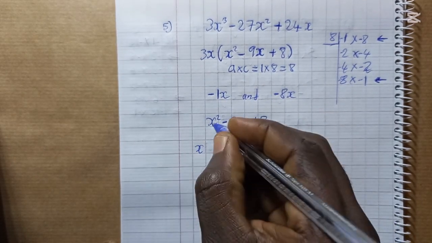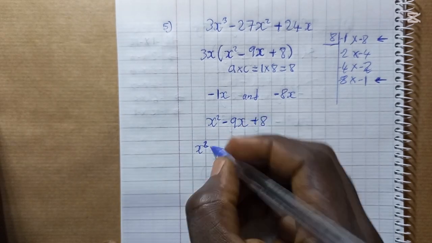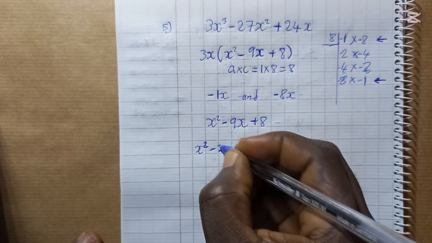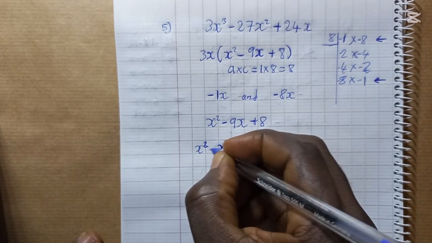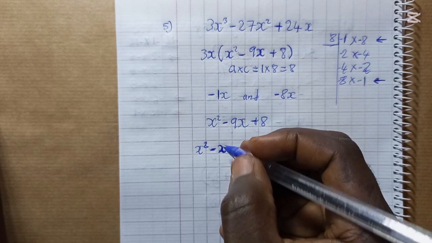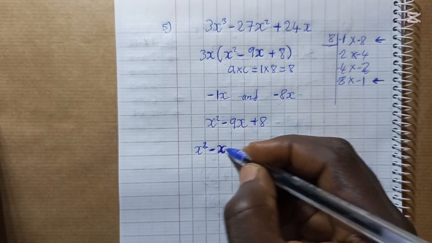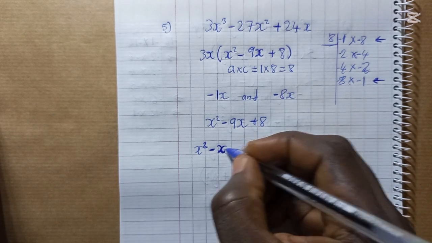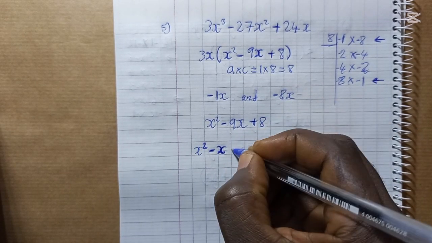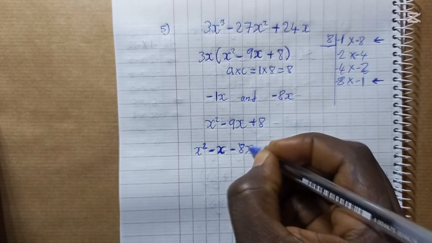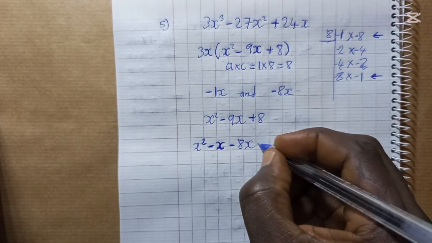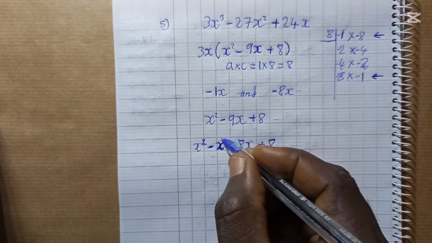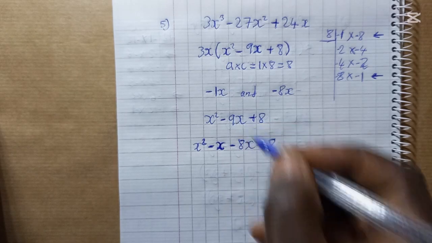So I have x square minus 1x, which is the same thing as minus x, because in mathematics minus x is the same thing as minus 1x. So I'll write minus x minus 8x plus 8.